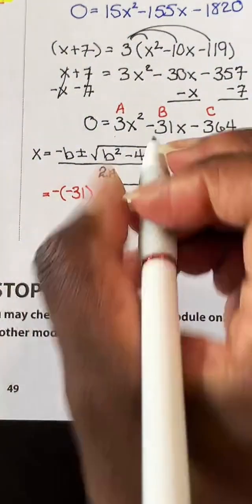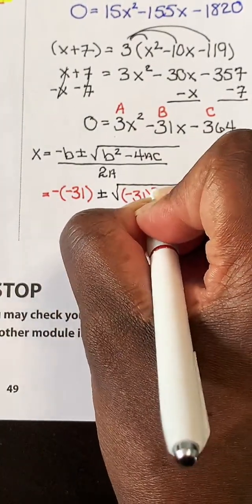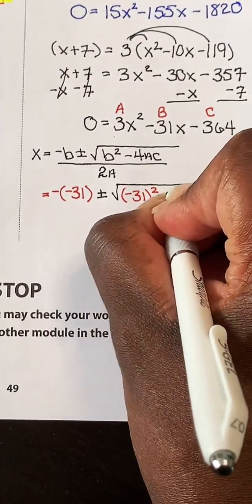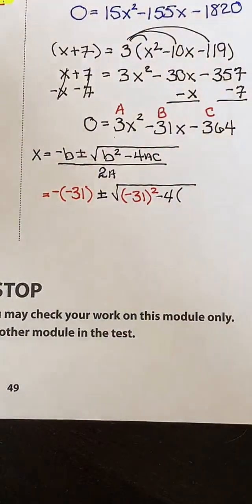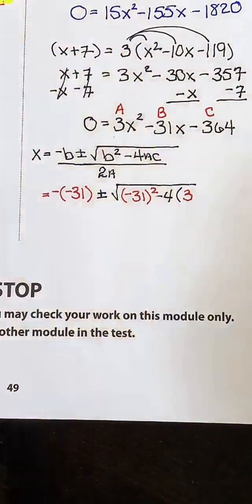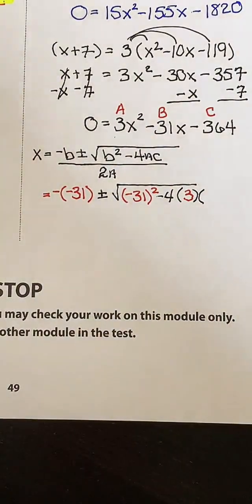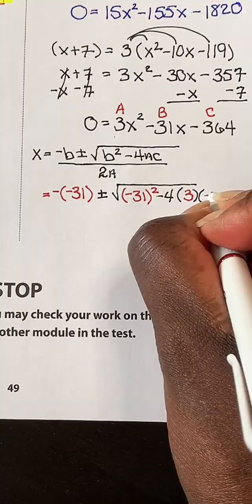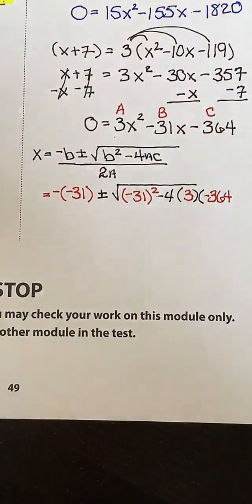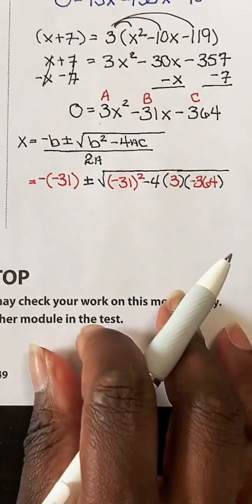So now you have your B again. Minus 4 times your A, which our A is 3. And my C, negative 364. Gotta slide that over a little bit.